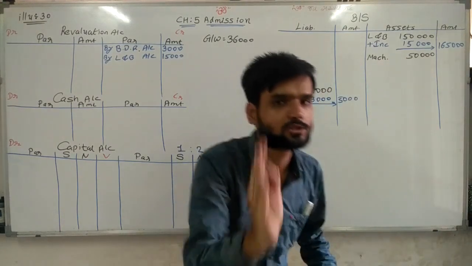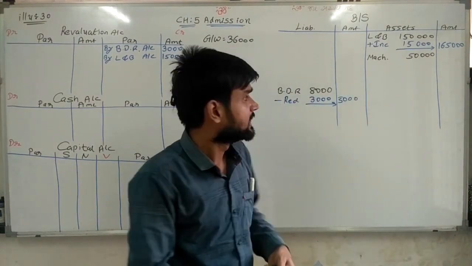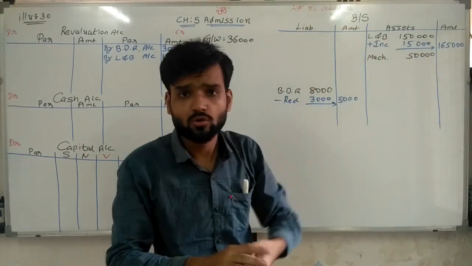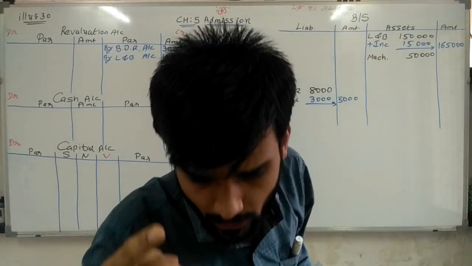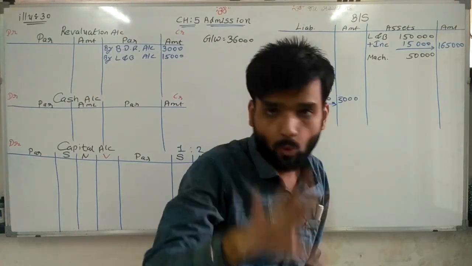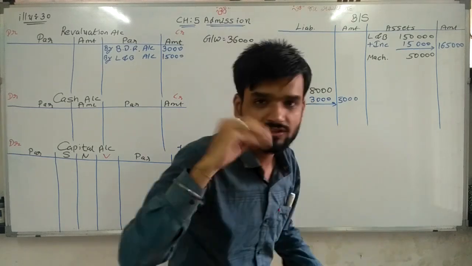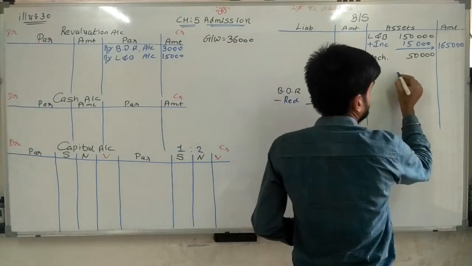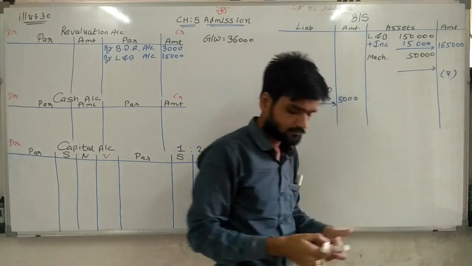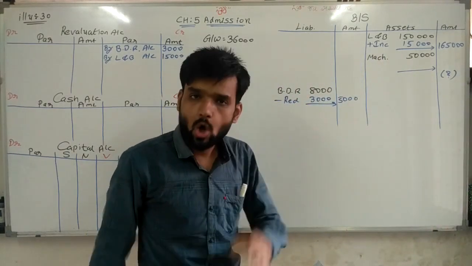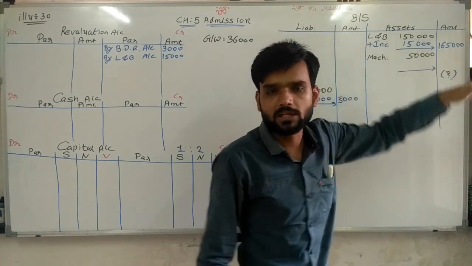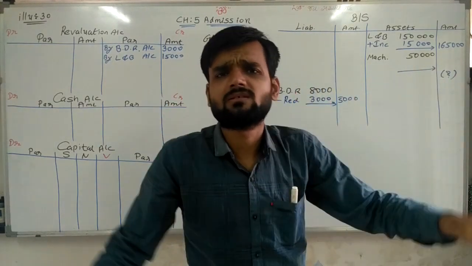Now try to understand one thing. This is the book value and this book value is 25% more than market value. Whatever market value, that generally we are writing here. Always market value we are writing in the outer column. But here market value is not given.